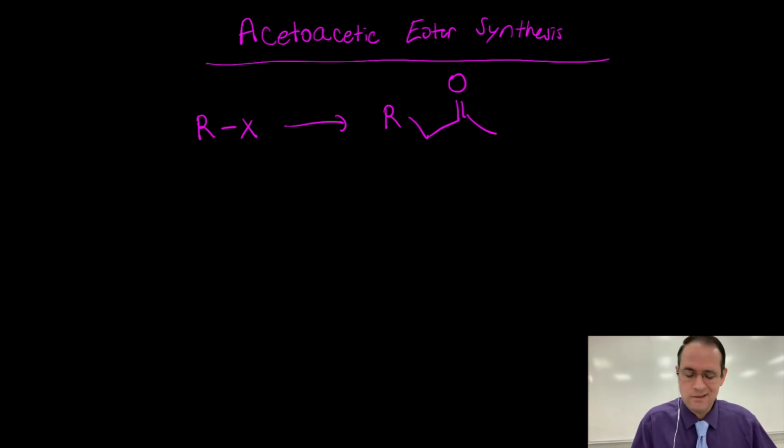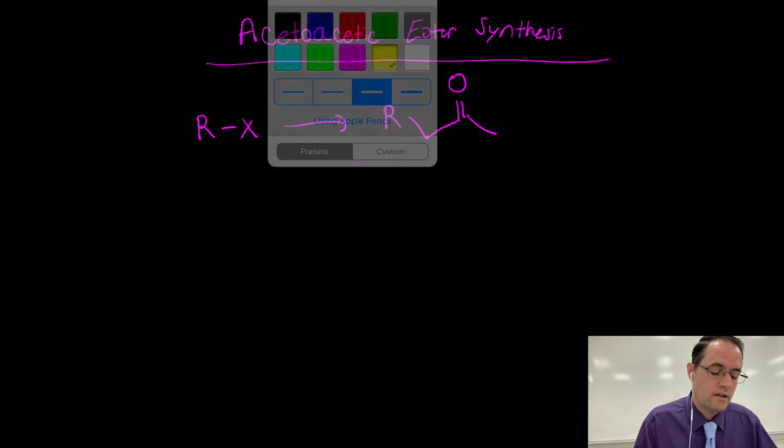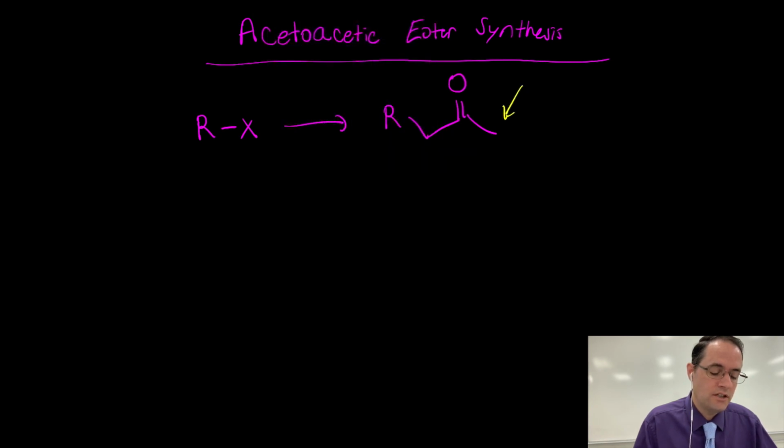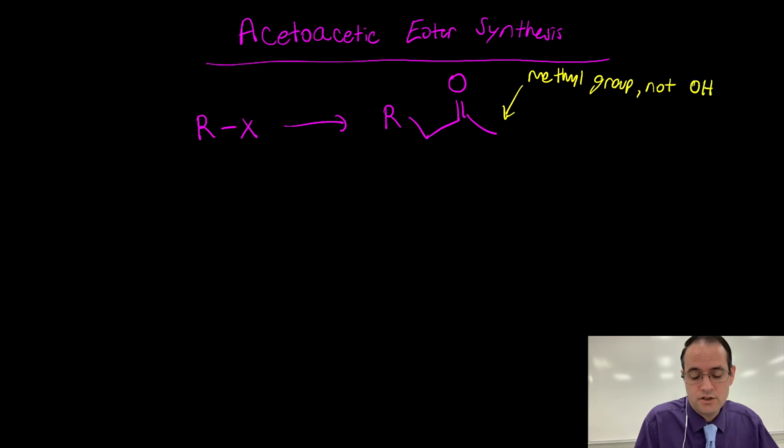A methyl ketone, if you want to call it that. So before we did the procedure where it was an OH here. This is a methyl group, not an OH, okay? So it's not a carboxylic acid.